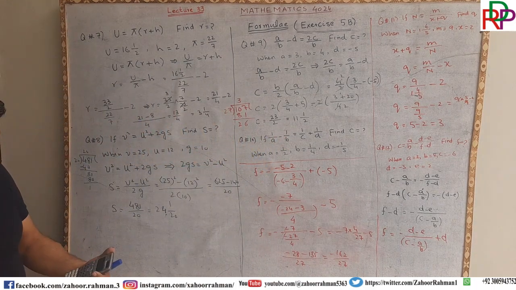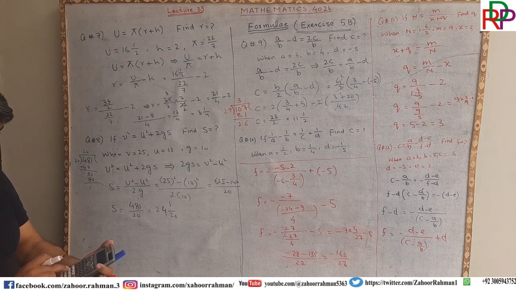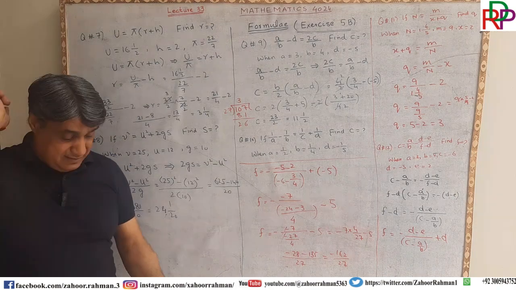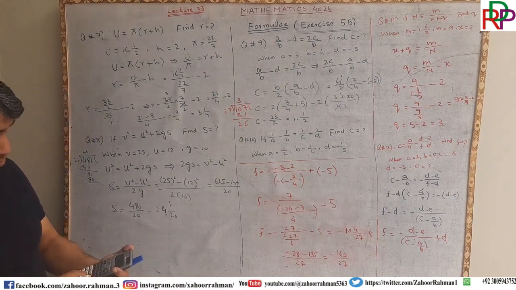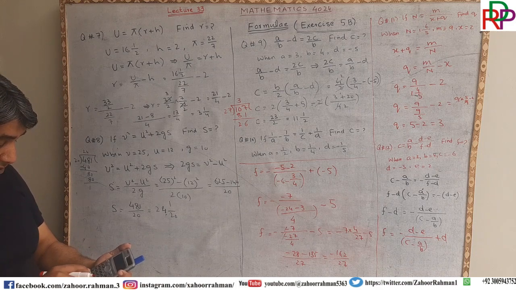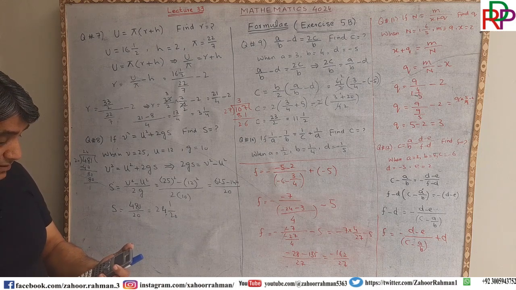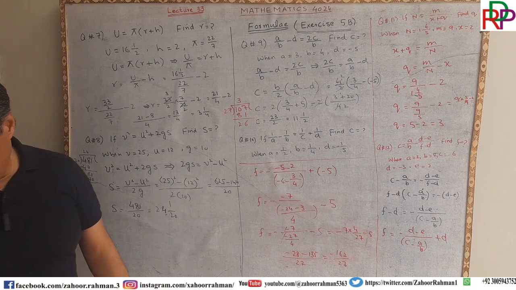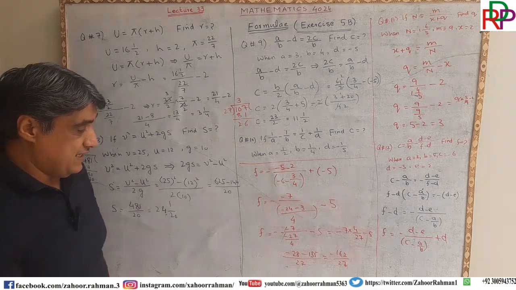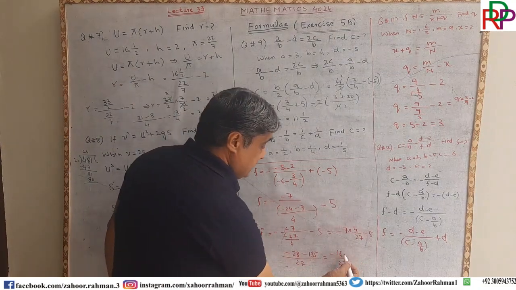So when we divide 162 by 27, 163 is here.